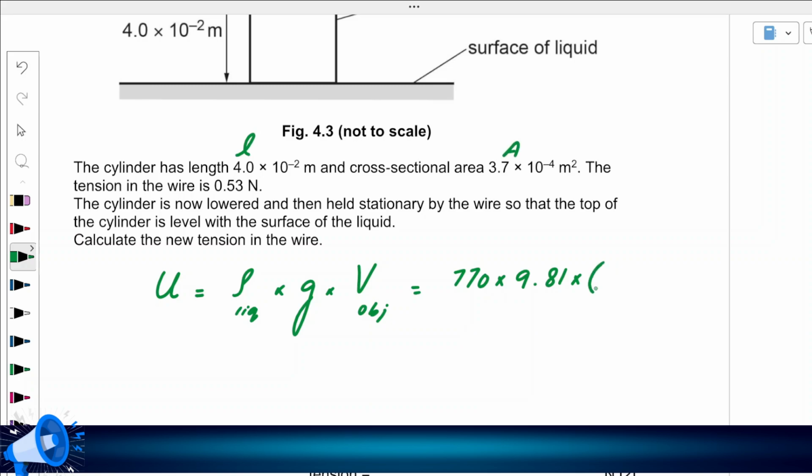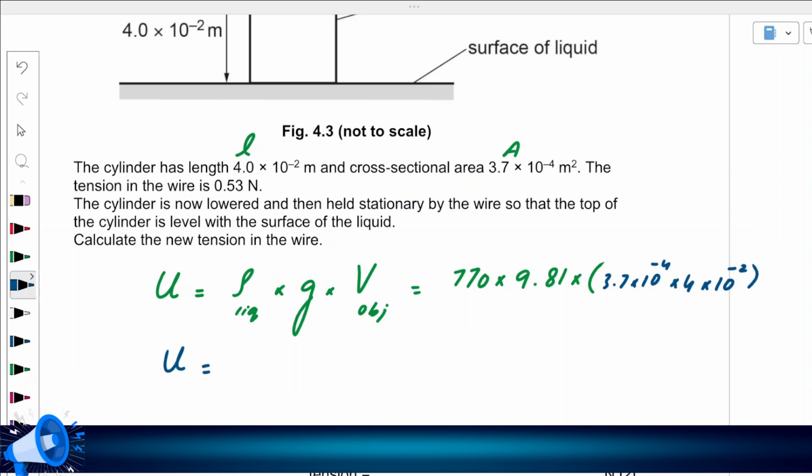If you multiply these two, you get the volume. 3.7 times 10 to the power minus 4 times length, which is 4 times 10 to the power minus 2. So the upthrust that you get by this process is 0.11.